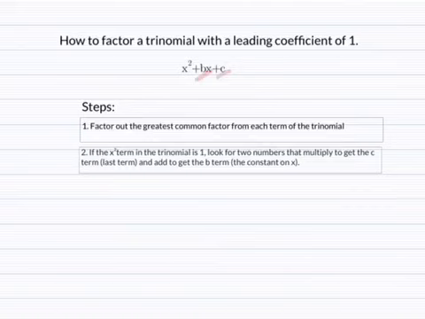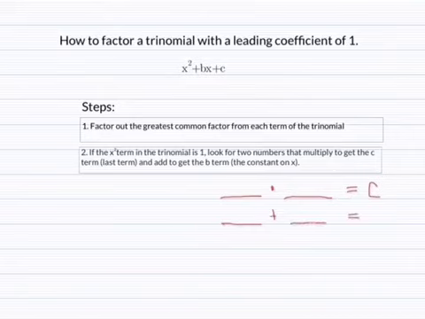This is how I like to think of it: you want to find 2 things that multiply to equal the c term and will add to get to the b term. Okay, so that is what you're looking for. Now there are some tricks and hints that will help you get to this point, so I'm going to write those down for you.